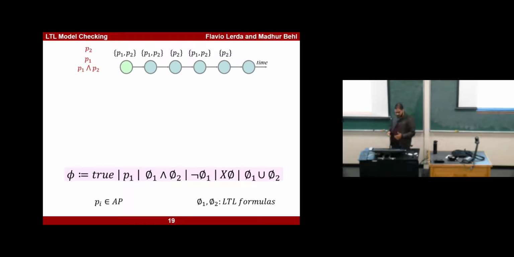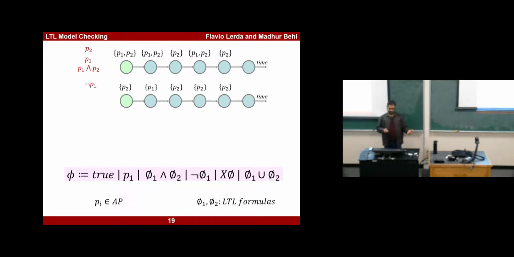Let's keep going. The next part of the grammar is, if phi1 is a valid LTL formula, then not phi1 is also valid. So I have another example where I can ask whether not P1, where P1 is my phi1, is a valid LTL formula, so not P1 is also valid, and then I can ask whether this trace satisfies not P1. And the answer is again yes, because the first element of the trace is not P1.